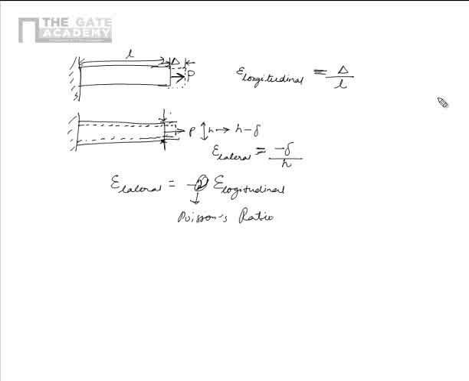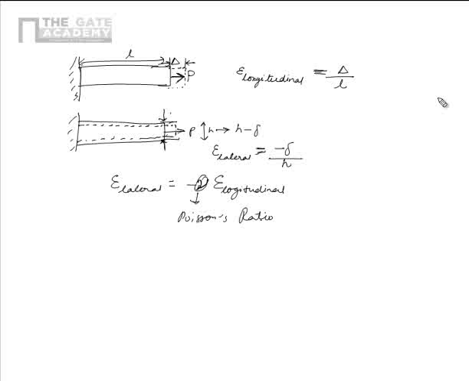Now this relationship is true only for isotropic elastic materials, which means that the materials follow Hooke's law and they are isotropic, which means the property values in any direction at any point are the same. These materials are called isotropic elastic, and this nu, which is the relationship between the lateral strain and the longitudinal strain, is called Poisson's ratio.